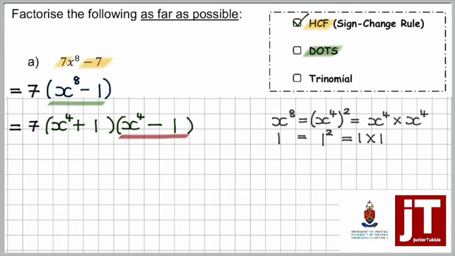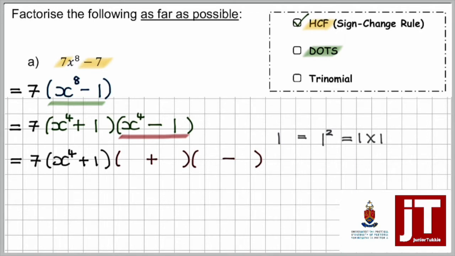As always, we start off by writing out the other factors that we will not be factorizing further because they are some of the factors of the original expression. Now, to factorize that difference of 2 squares, we start off by writing 2 sets of brackets. A plus sign goes into the one set of brackets and a negative sign into the other set of brackets.